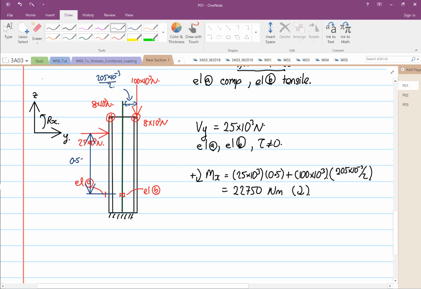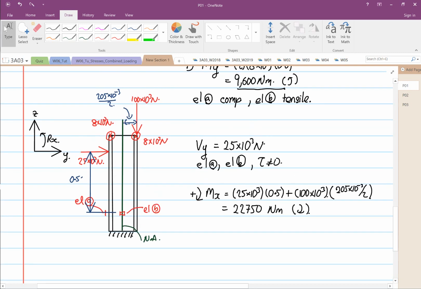This force will not intersect the neutral axis. Okay, so you can not focus on the neutral axis, where our neutral axis is here. The other force, the 100, the perpendicular distance will intersect the neutral axis. So once it intersects the neutral axis, you have to take that distance to the neutral axis. Whereas the 25 did not intersect the neutral axis, that's why you take the distance to the element.